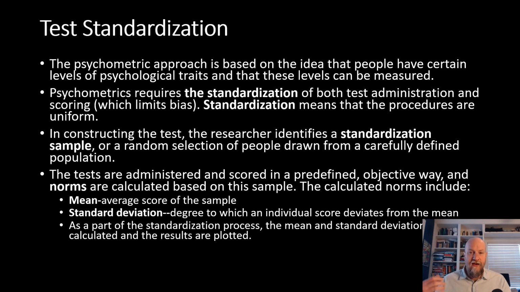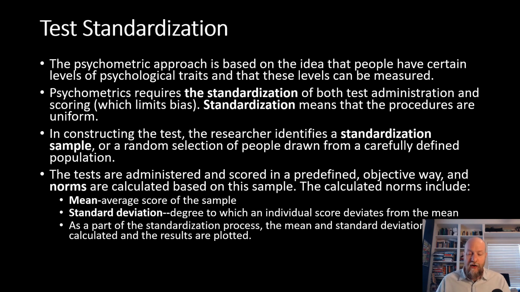What's great about that is that when I give that test to a 77-year-old, I can compare them to a normative sample of their peers. And I can say this person falls in the first percentile, meaning 99% of these quote unquote normal 71 to 80-year-olds performed better, which is a pretty strong indicator that there's some impairment in functioning. So normative samples are really useful.